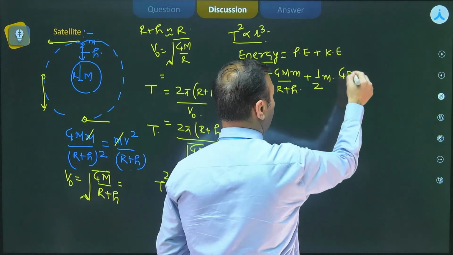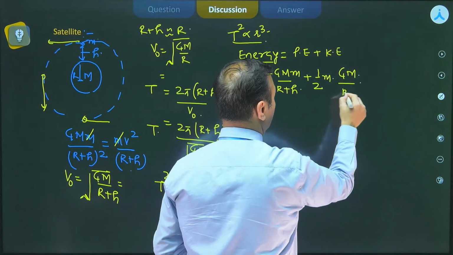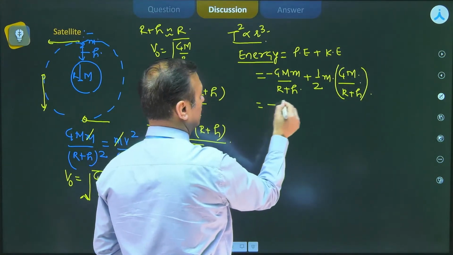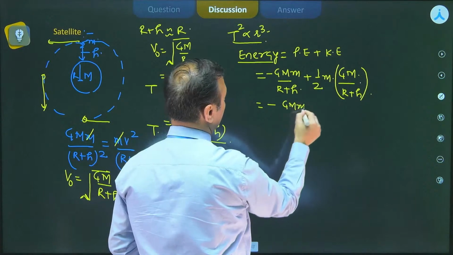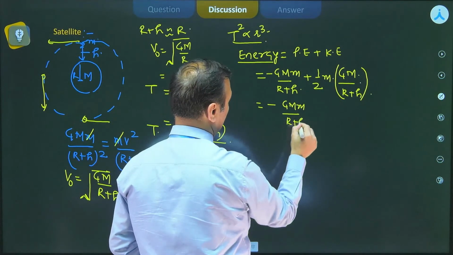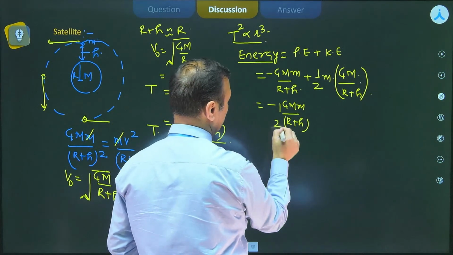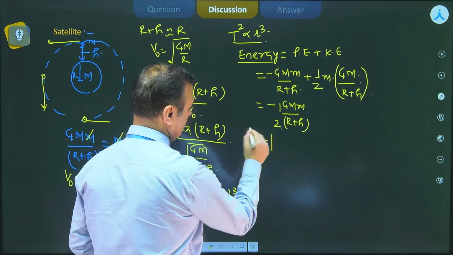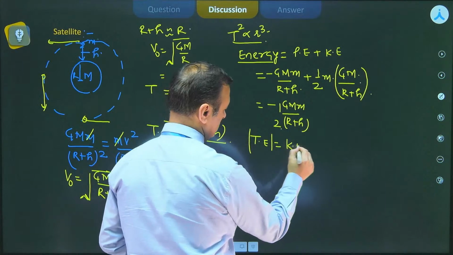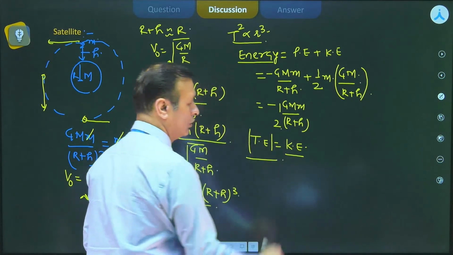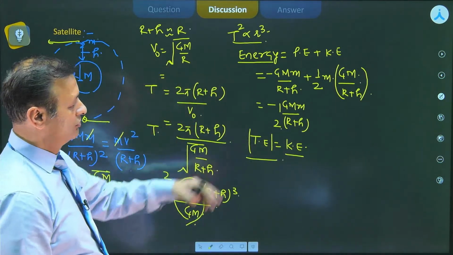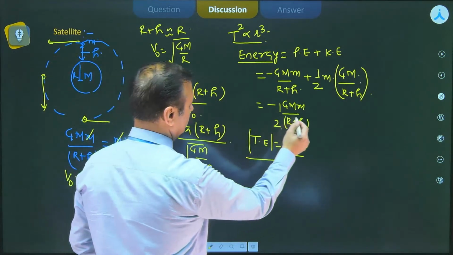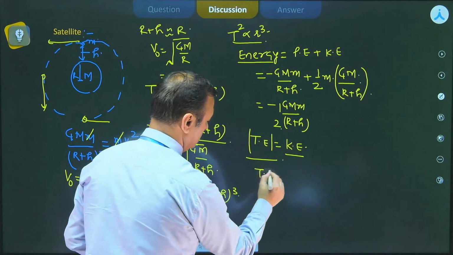So what is v orbital square? This is v orbital square, and your total energy becomes... now if you look at this, the magnitude of total energy is equal to kinetic energy.